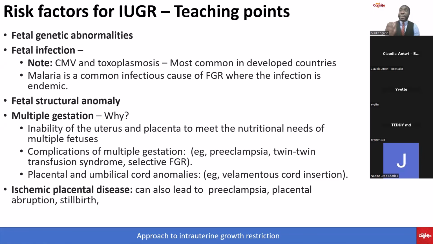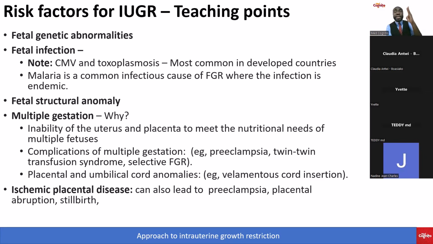But remember that cytomegalovirus and toxoplasmosis are most common in patients in developed countries. Malaria is more common in patients from endemic areas. So if you are told that the patient is coming from sub-Saharan Africa, like areas where there's malaria, then think about that. Then it could also be a fetal structural anomaly.